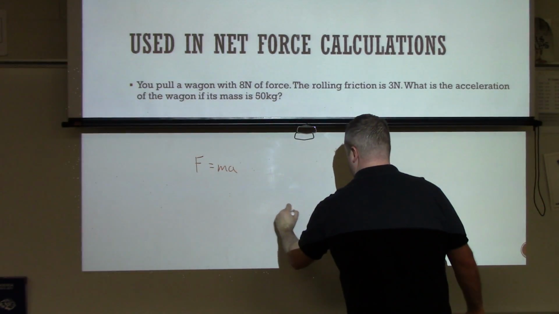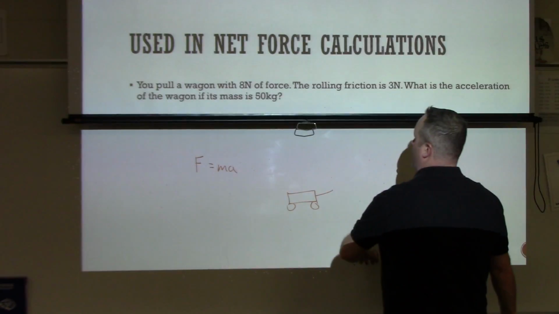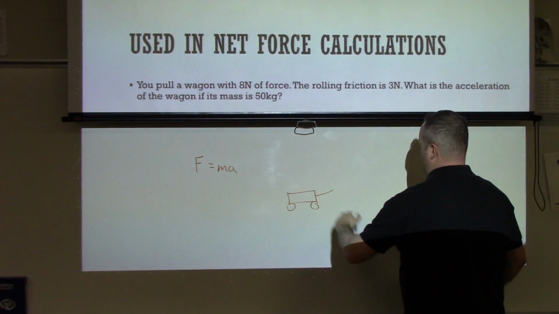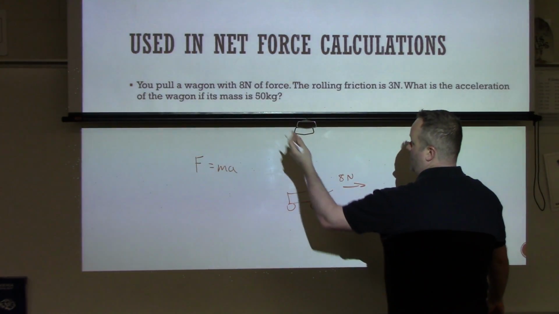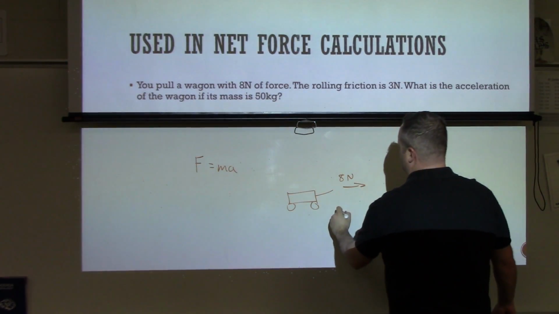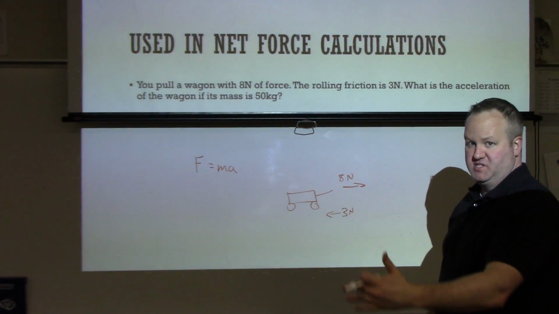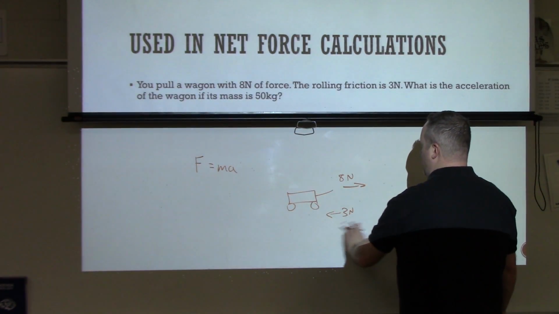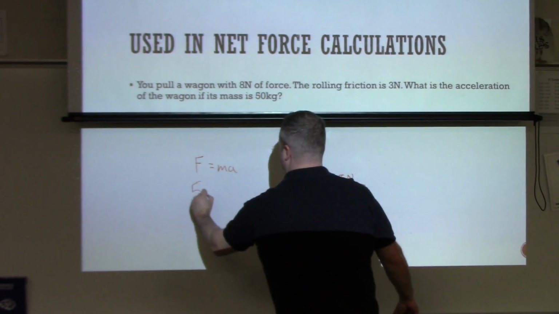So if you look at the wagon, and let's say you're pulling that wagon with, it doesn't really say which direction, so let's just assume it's going to the right. So you have 8 newtons of force to the right. However, you also have 3 newtons of force, and remember that friction is always in the opposite direction. So here if we have 3 newtons that is subtracted from that, we have an overall resultant force of 5 newtons.